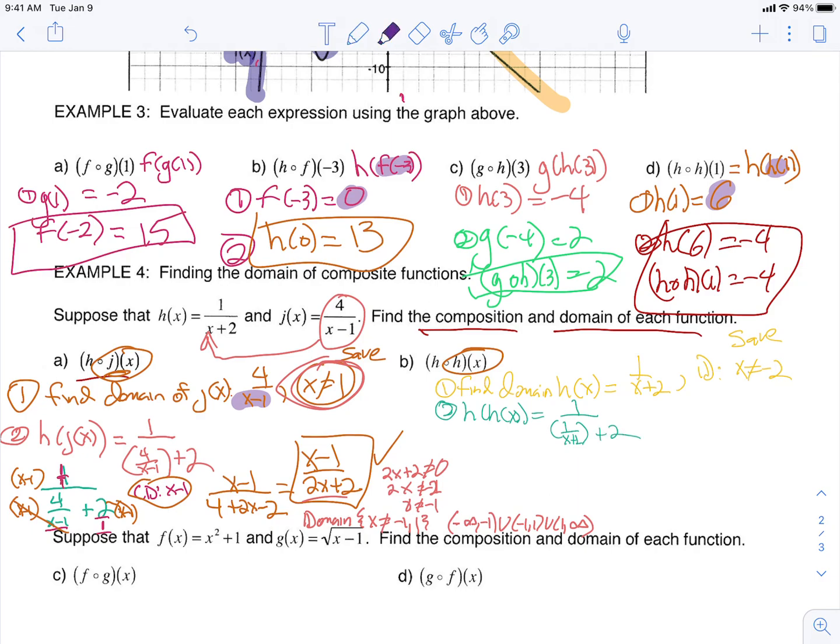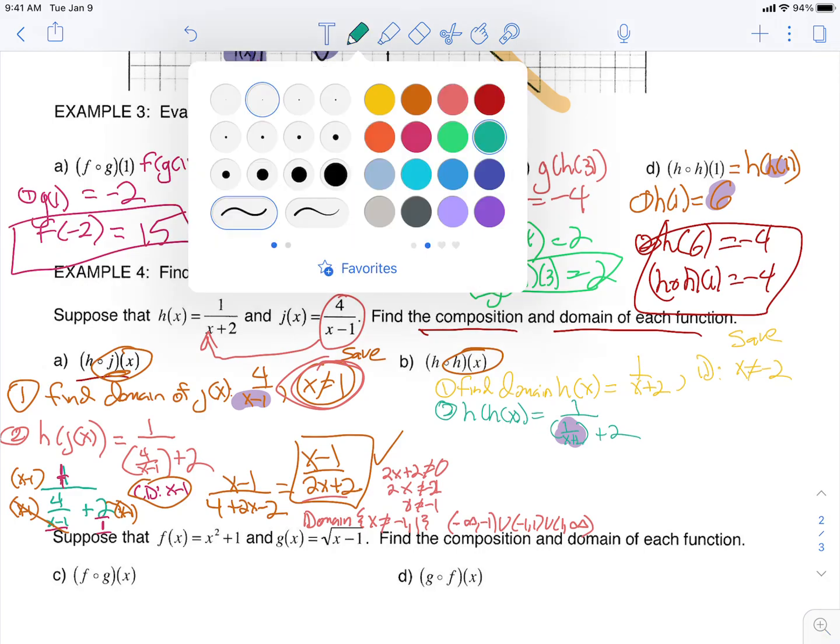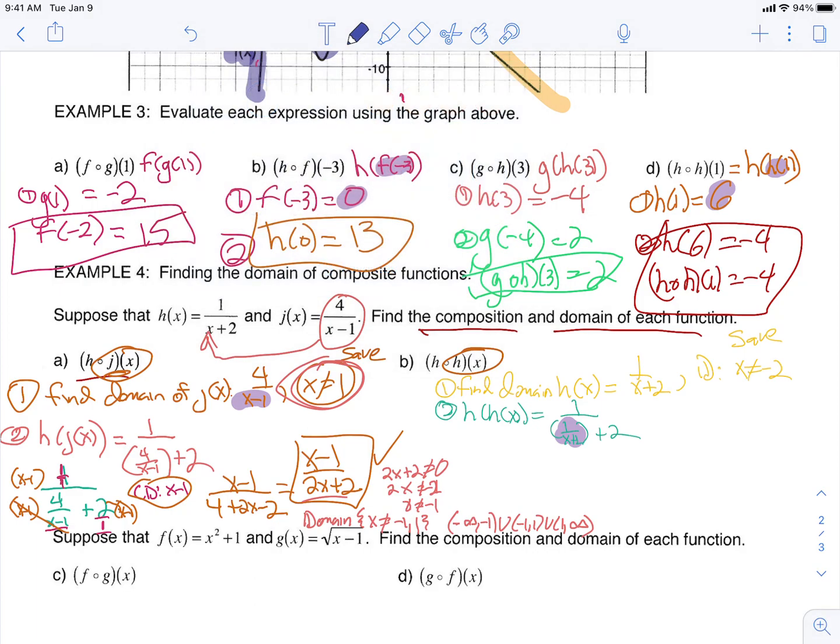All I did is I replaced the x in the h of x function with h of x, which is 1 over x plus 2. Okay, so now without parentheses, I have 1 over x plus 2 plus 2.